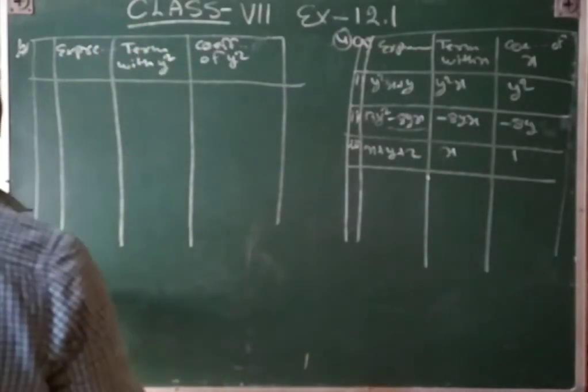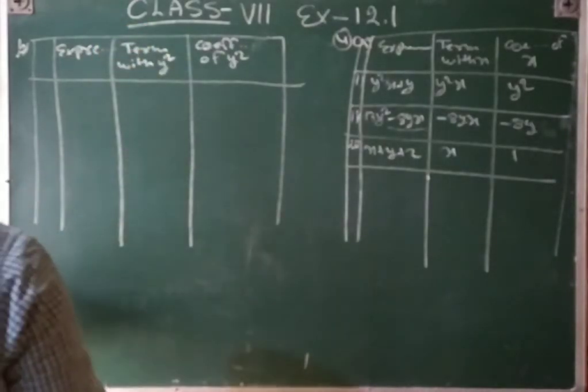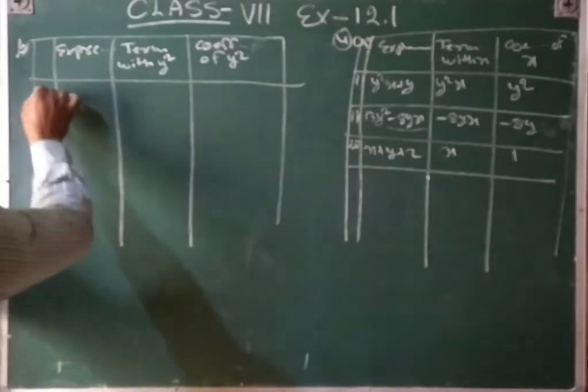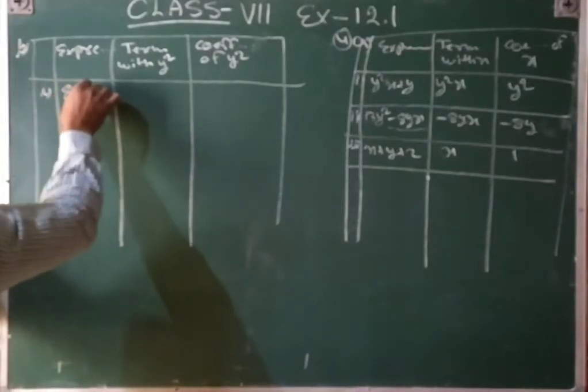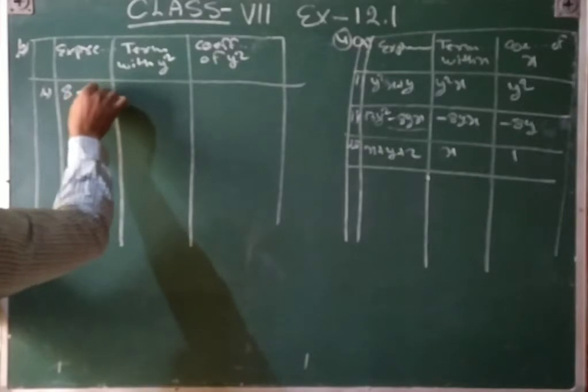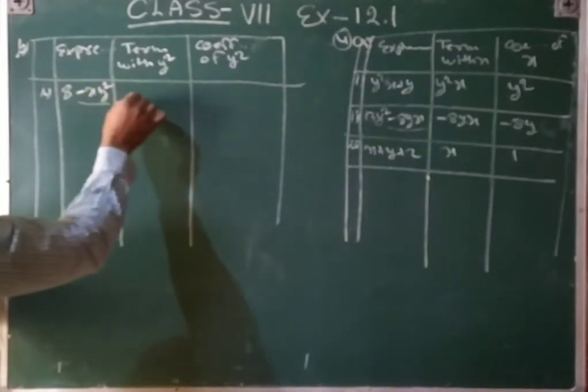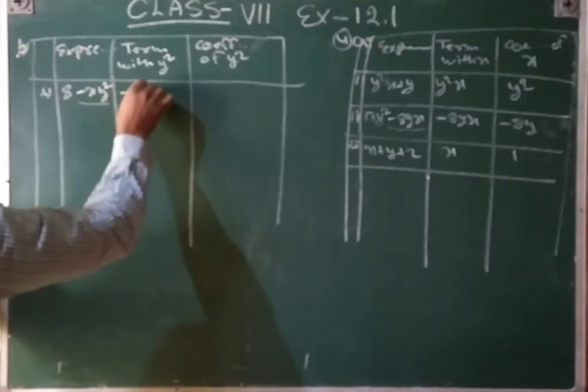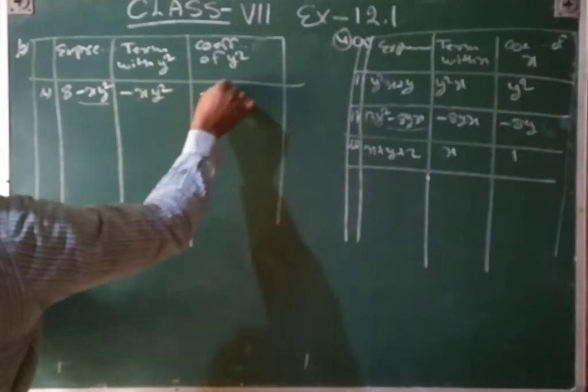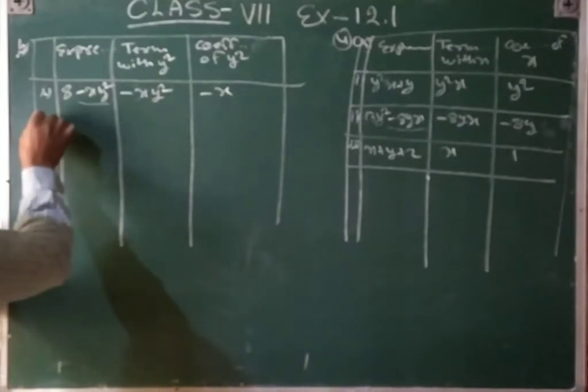And then after that you will write the first part: 8 minus xy square. So y square with this term, so we will write minus xy square, and then minus x is the coefficient of y square.